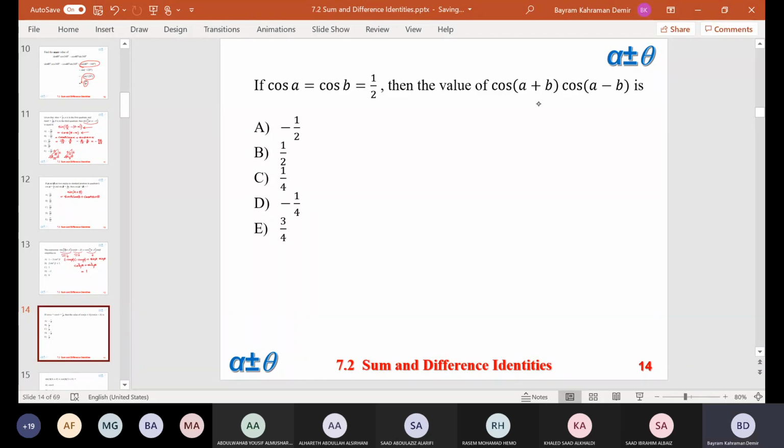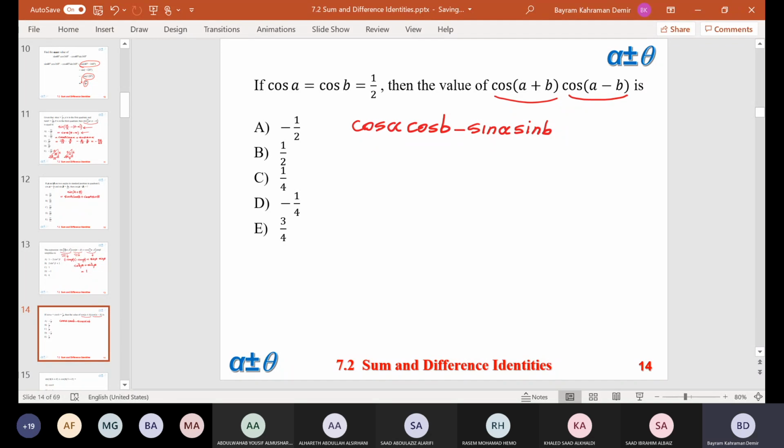Well, let's use this formula again. What is cosine of A plus B, Shabab? Cosine A, cosine B minus sine A sine B. Yes. And how about the second one?